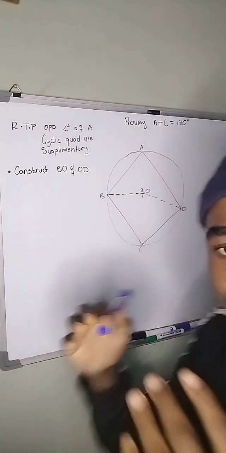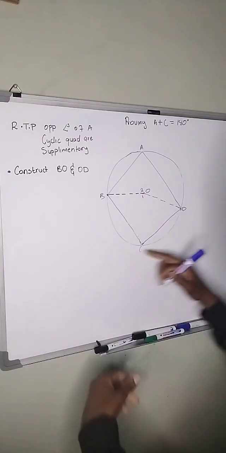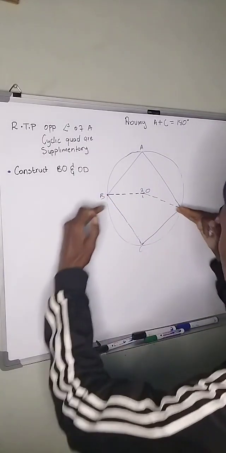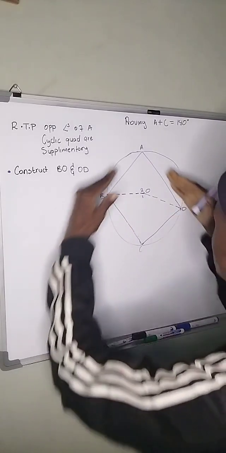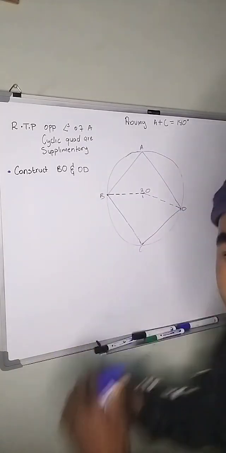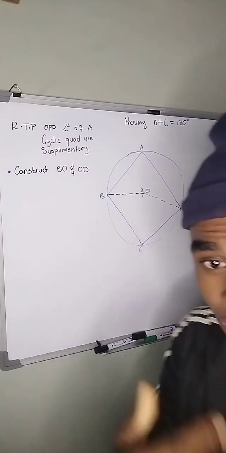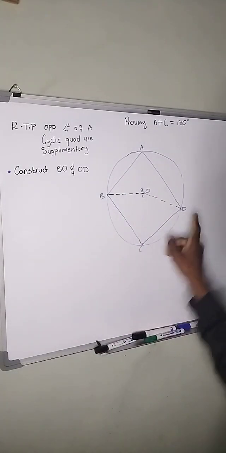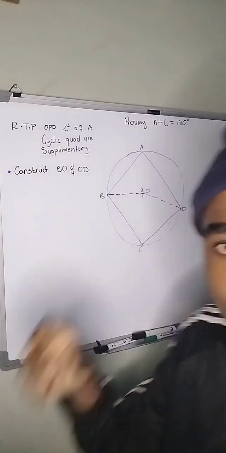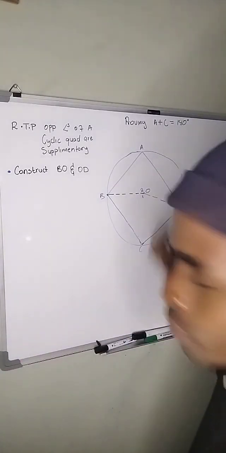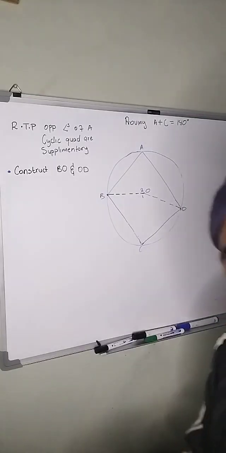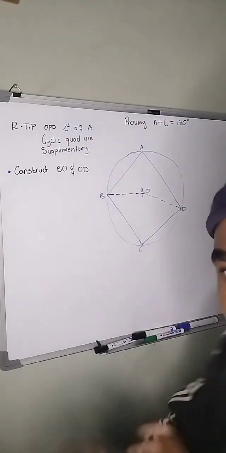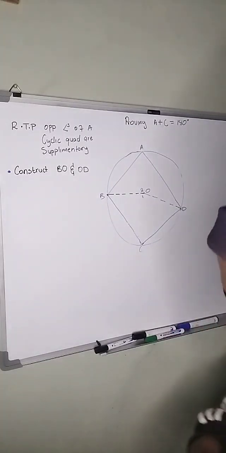Angle subtended from the same arc or from the same chord. They subtend the angle at the center and they subtend the angle at the circumference. That's the reason why we are using theorem 2. We are going to use these 2 points to our advantage in order for us to prove that theorem.